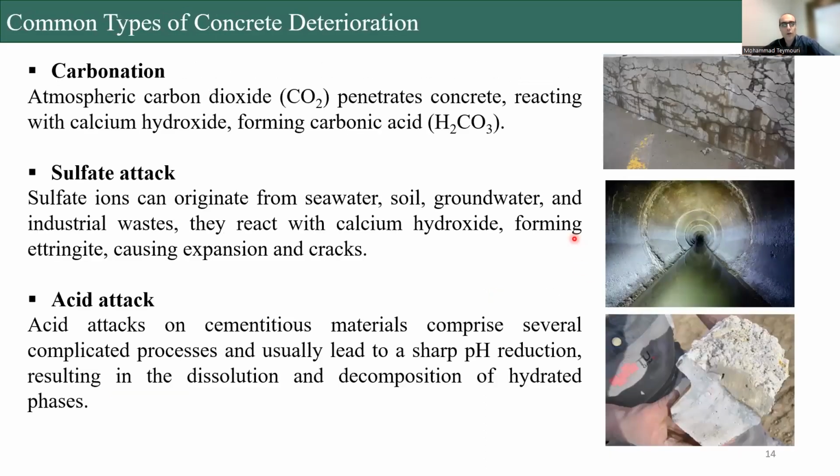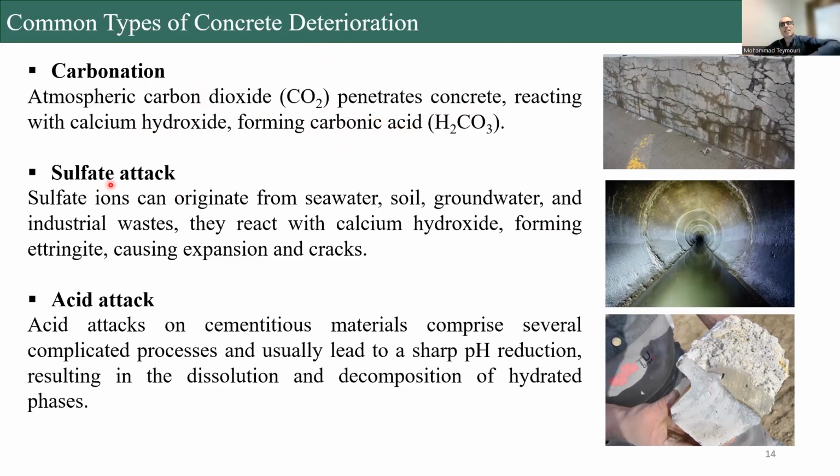So let's talk about carbonation, sulfate attack, and acid attack in the field. These are the three most common phenomena. Almost all the infrastructure that we have will experience at least one of them, or sometimes a combination of these phenomena. So carbonation is simply the penetration of carbon dioxide into the concrete and the reaction with the calcium hydroxide that we have in the concrete, and the formation of a very weak acid, leading to the drop of the pH.